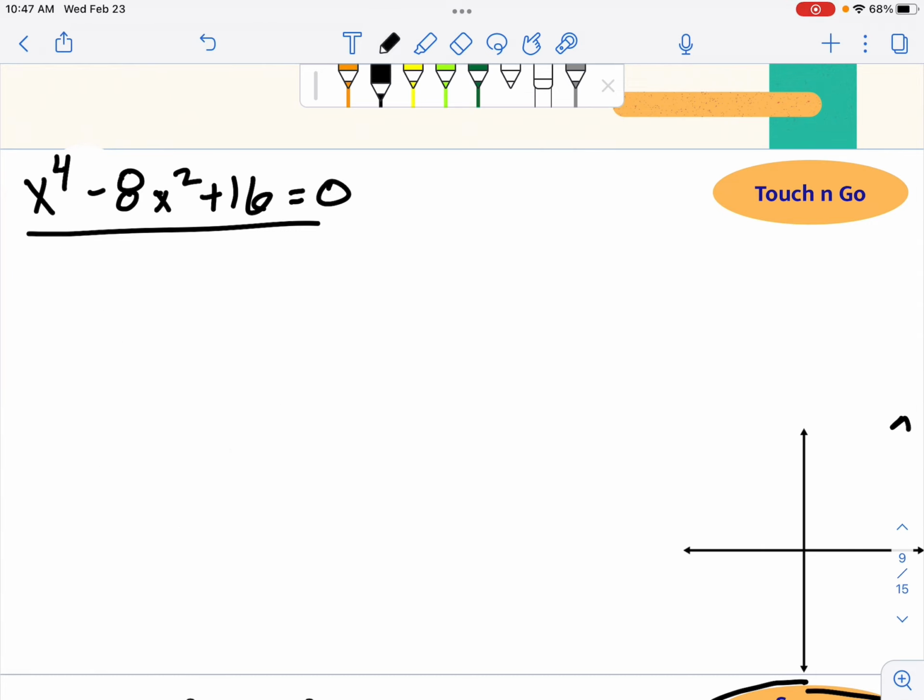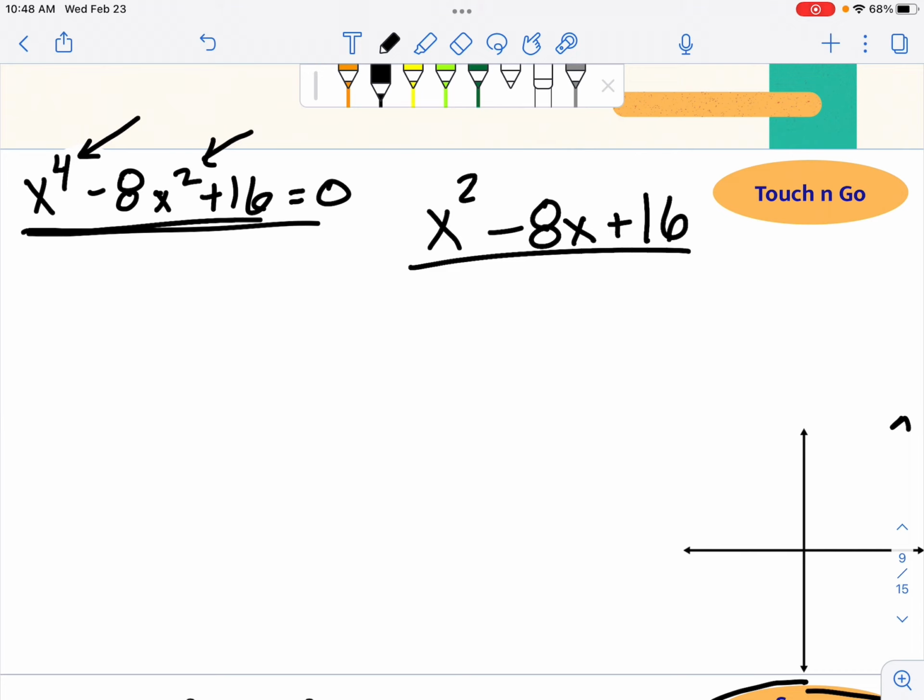Now, one factoring thing that we need to get a little bit better at and more used to is if we have a fourth power and a squared term in this trinomial. We can treat this the exact same as if it was this right here. They are almost the same when we look at unfoiling.